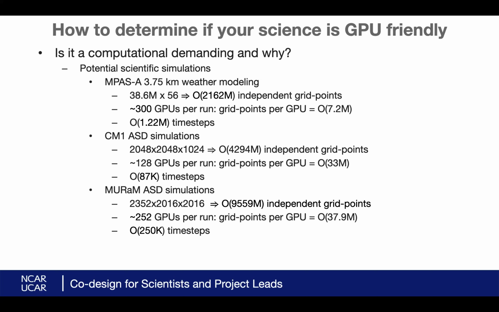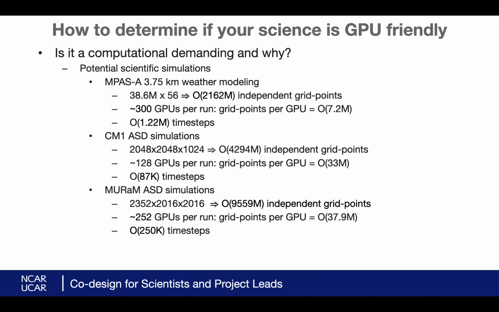A CM1 simulation, again, is an idealized mesoscale model. It has about 4 billion independent grid points. We intend to use 128 GPUs, about 33 million independent grid points per GPU. So a similar order of magnitude, a little bit larger than the MPAS example. MURAM is also another large simulation.